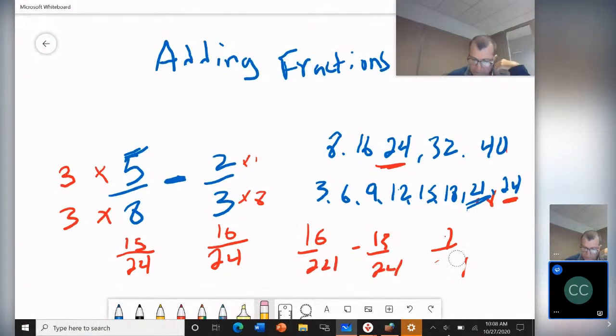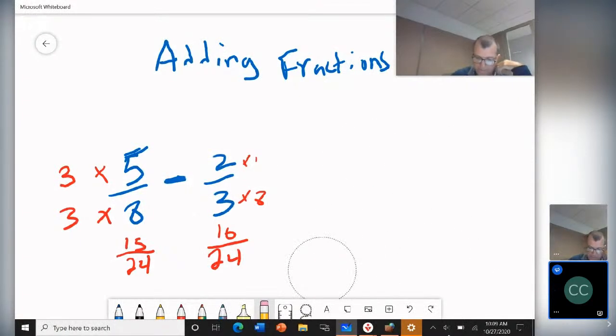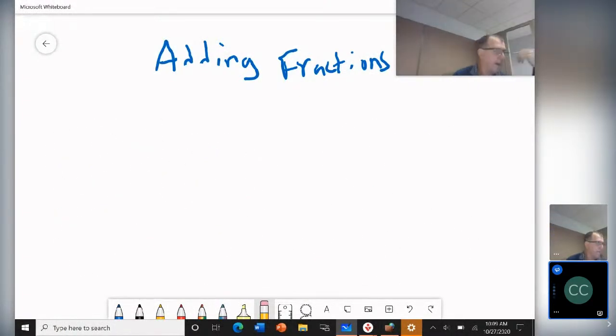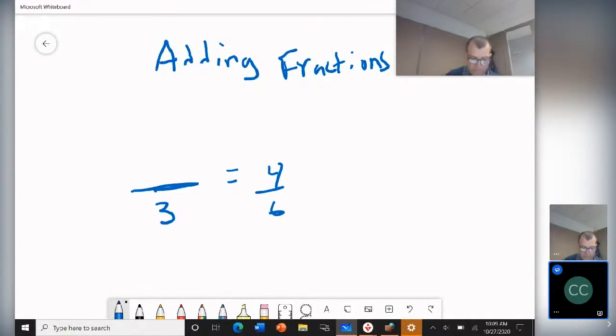I want to do one other thing, you guys. Sometimes it's going to ask you to find the missing number. So if we have a blank over 3 equals 4 over 6, we know 3 times what equals 6?